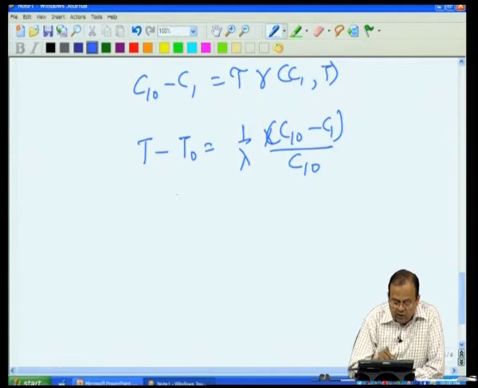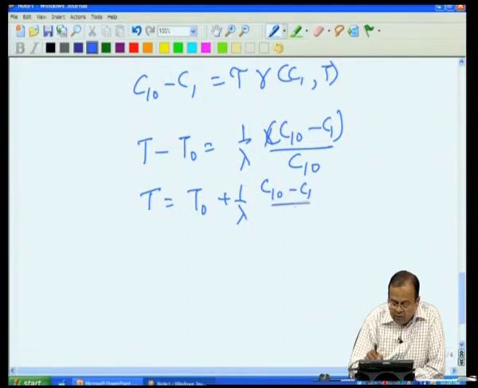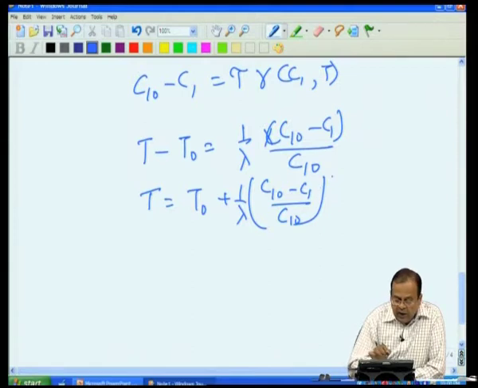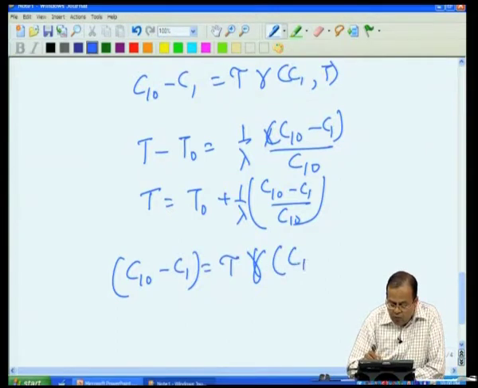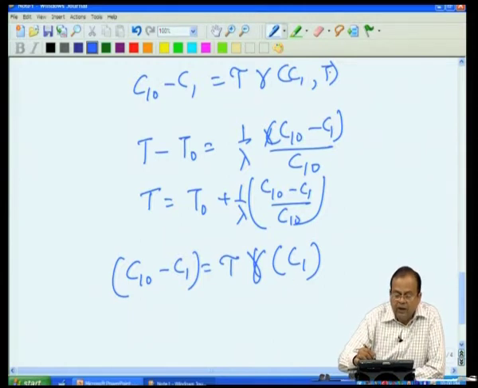In other words, I can write temperature, both in the case of the stirred tank reactor and the plug flow reactor, in terms of concentration alone, and thereby now my mass balance equation is simply R of C1, because I can eliminate temperature in terms of C1.